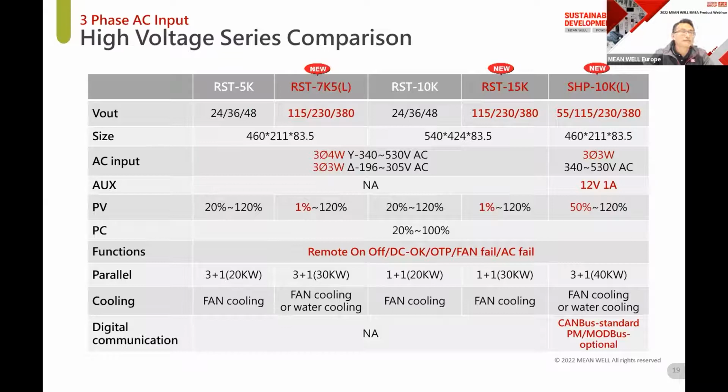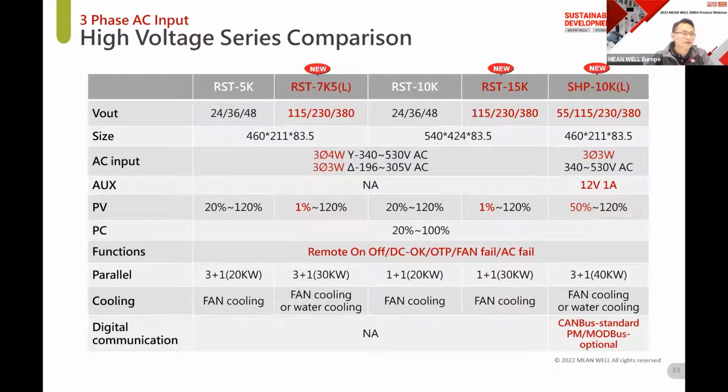This is the 3-phase high power model comparison table for reference. For low output voltage requirements, for example, 24, 36, or 48 volt output, we have RST 5K and 10K models. If the demand requires high power with a high output voltage, you can consider RST 7K5, RST 15K, and SHP 10K.